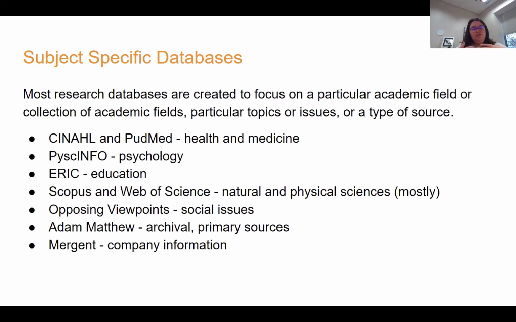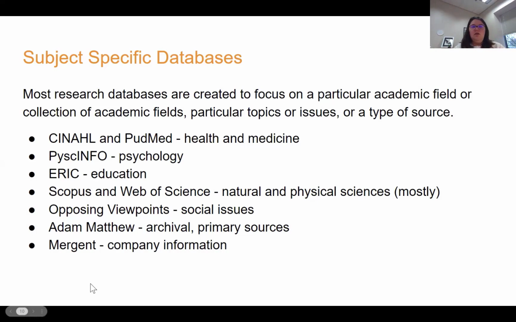But the same strategies of using database operators, using filters, finding key terms or subject terms are pretty much the same across all the databases. It's just the user interfaces that will look a little bit different.